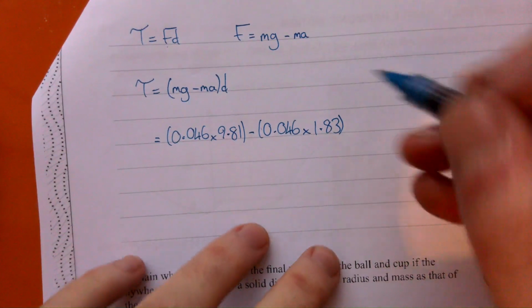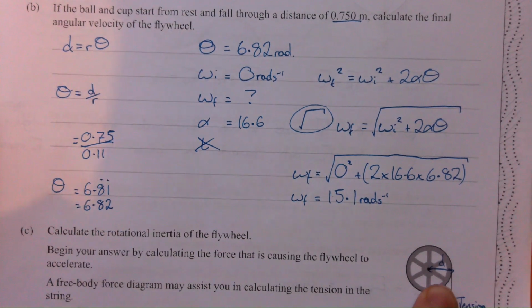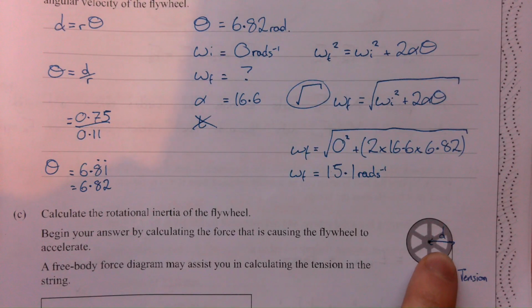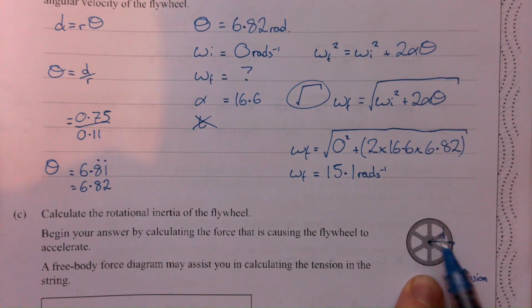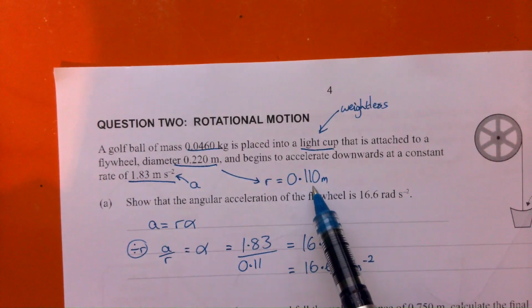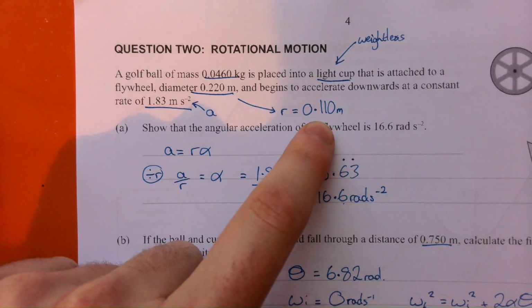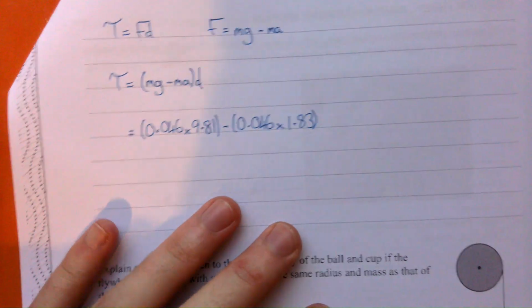Now the distance in our equation here is the distance that the force is acting from the centre of rotation. In this case it was d, and we are told that that radius was 0.11 metres from the very start of the question. So again, you've got to dig all the way back a page to the top to find that necessary information.